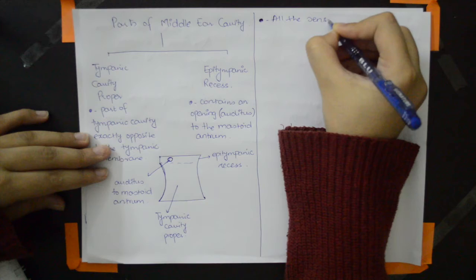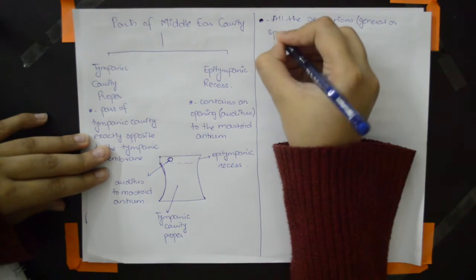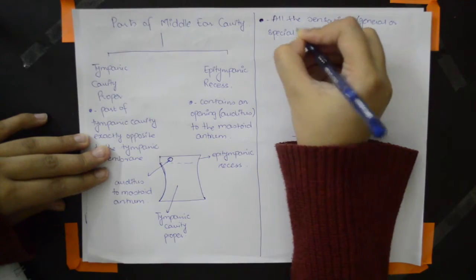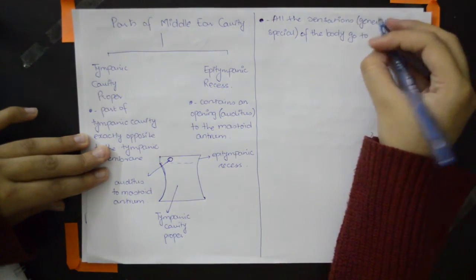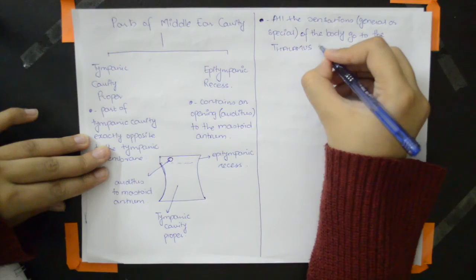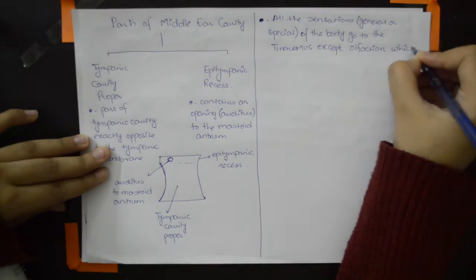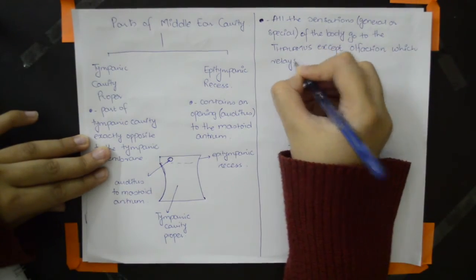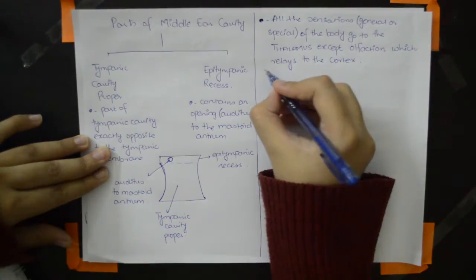All the sensations, general or special, of the body go to the thalamus, except olfaction, which relays to the cortex. This is important.